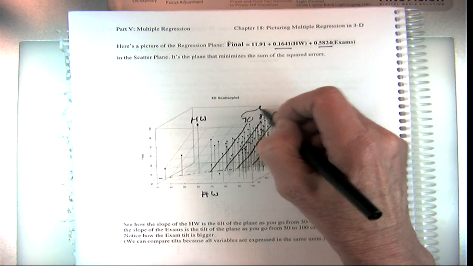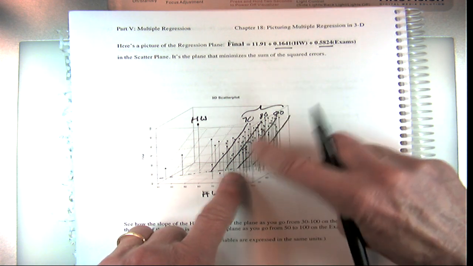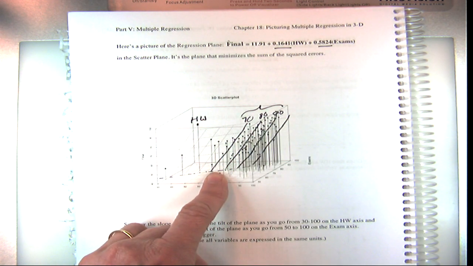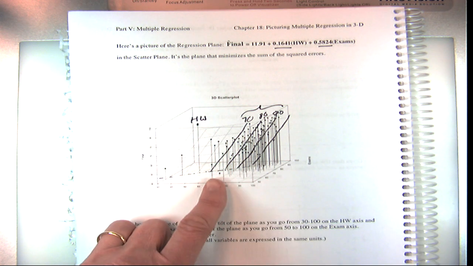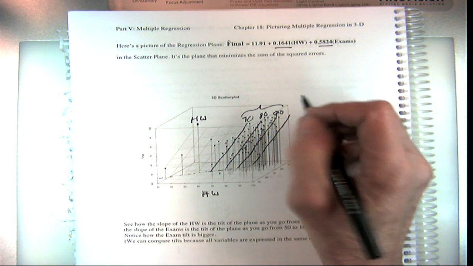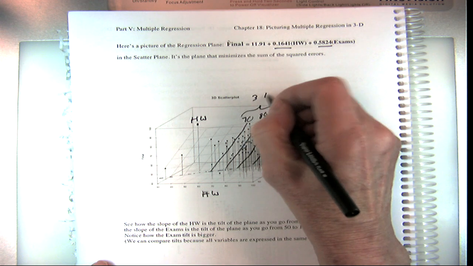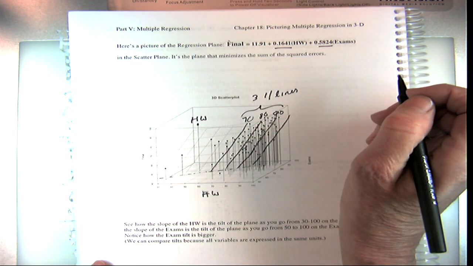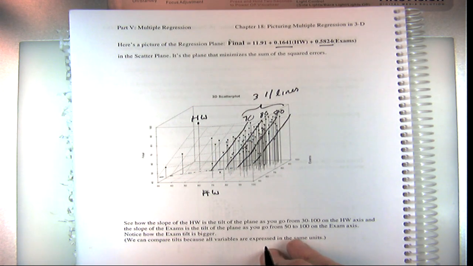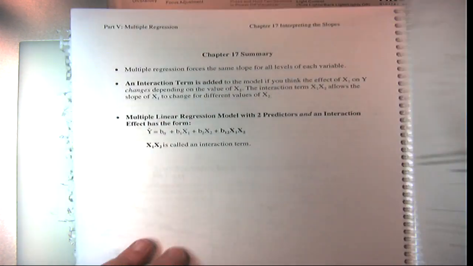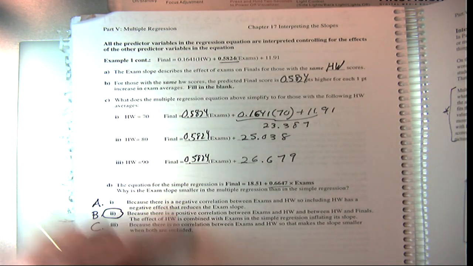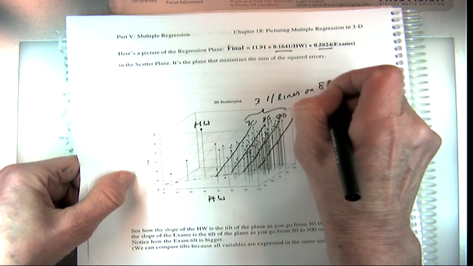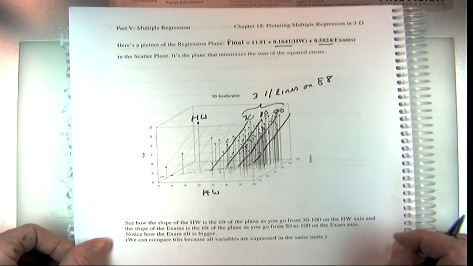These three lines can be expressed by the three equations we just looked at on page 88. So these are the three parallel lines for the different homework scores. Does that make sense to everybody?